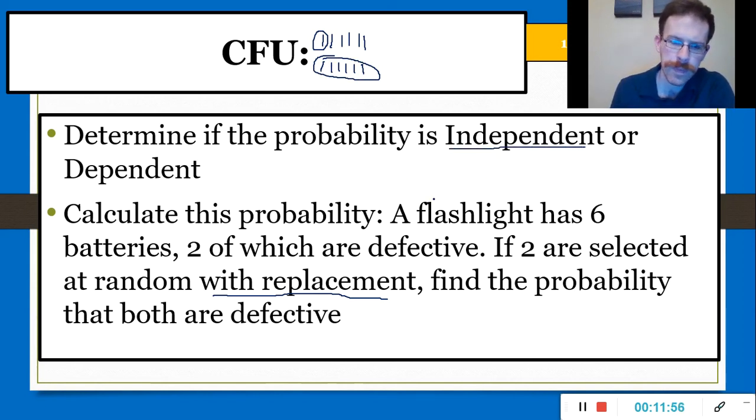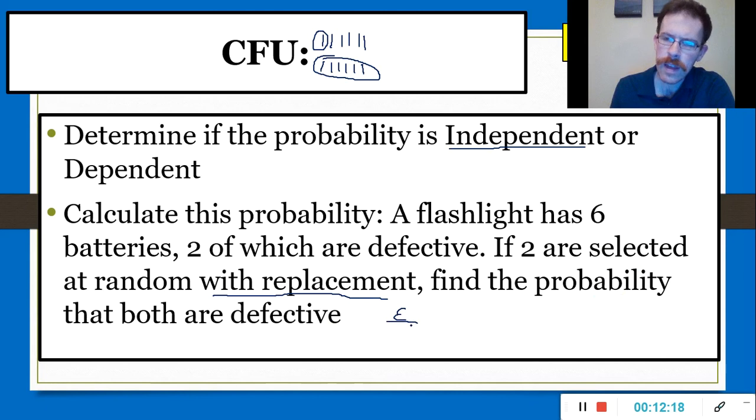So we definitely know that this is independent. If we want to calculate this probability, with 2 of them being defective, if you select one battery out, we have to go back to what we did Monday.